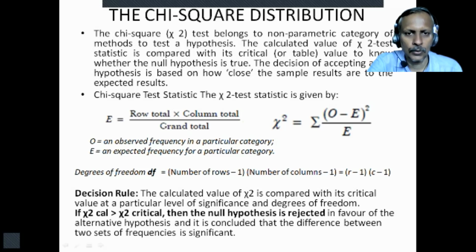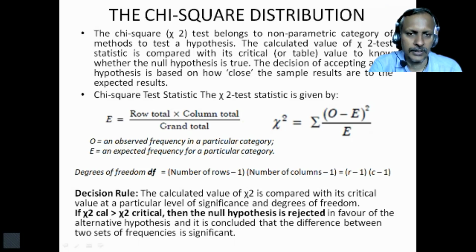So how do we apply the decision rule? The calculated value of chi-square is compared with the critical value at the significance level and degrees of freedom. Generally the significance level is 5%, that is a 95% confidence level. That is our alpha, and it will be 5%.